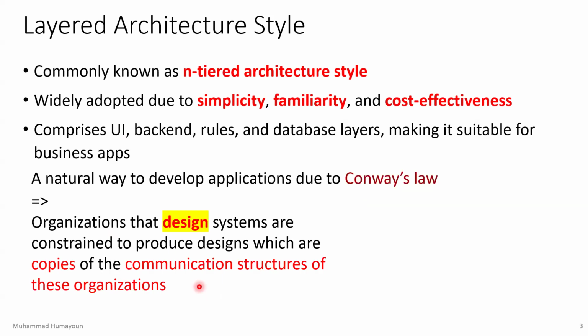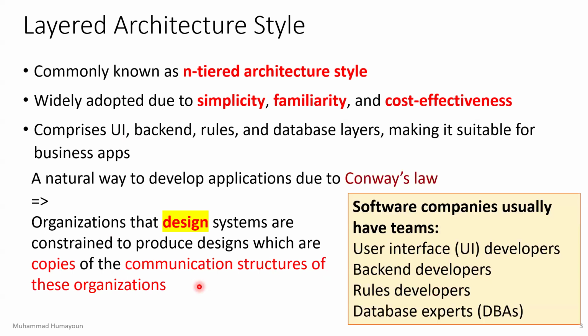Software companies usually have teams around user interfaces, backend developers, rule developers, and DBAs or database experts. Based on that, you can see how many layers you can have in your layered architectural style: UI, backend, business rules or persistence, and then the database layer or persistent layer.